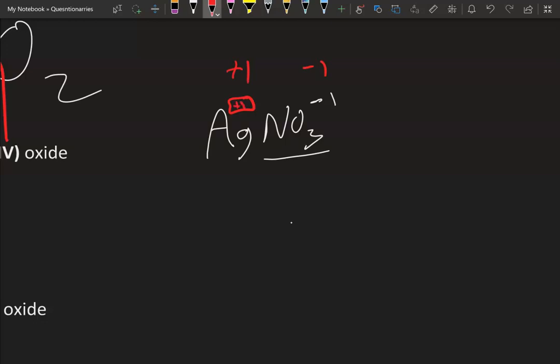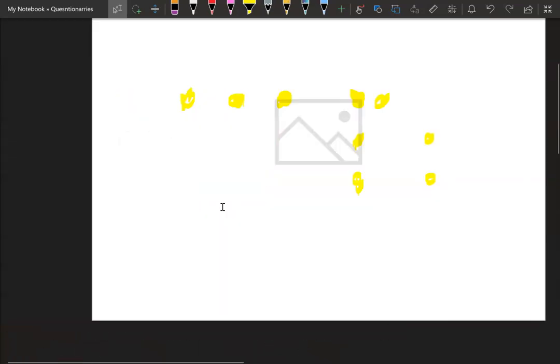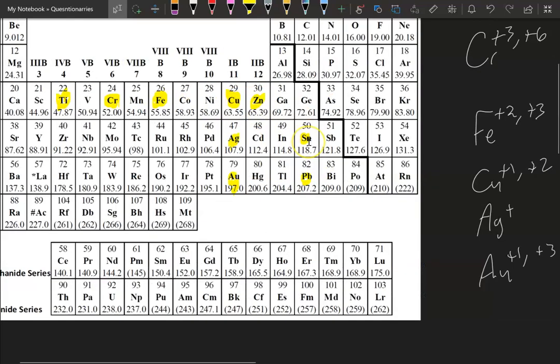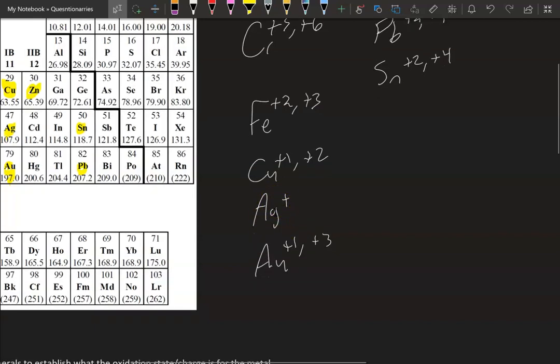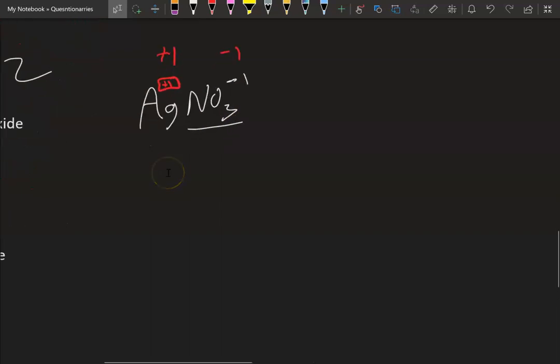That means the silver is +1 in its oxidation state. Earlier, I gave you a list of these, and silver has only one oxidation state, +1. So when you work with a silver compound, you do not have to worry about the Roman numeral. All you have to do is type the name silver nitrate in, write it out, whatever the case is.